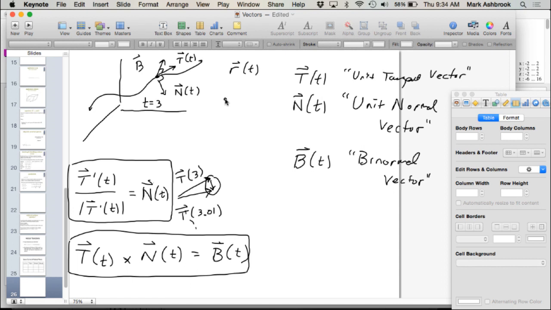Okay, so the way you can remember if it's T cross N versus N cross T is just think of the word TON. Why? Because calculating the binormal vector is a ton of work. Just getting the normal vector is crazy long algebra: first get T, take the derivative of it, and then unitize it.